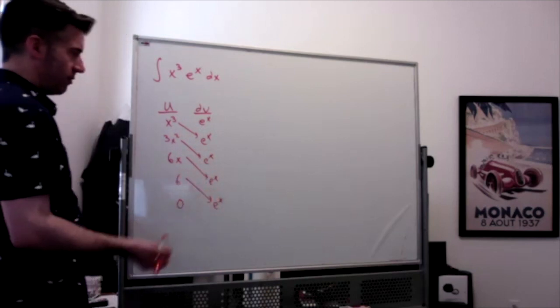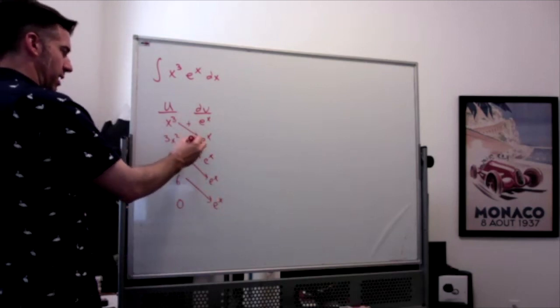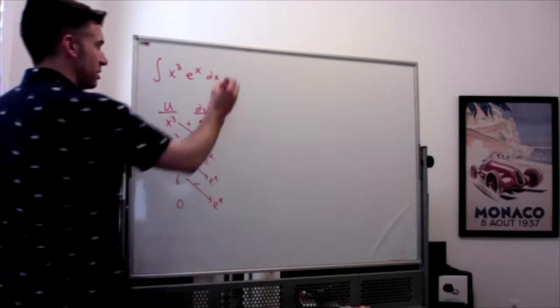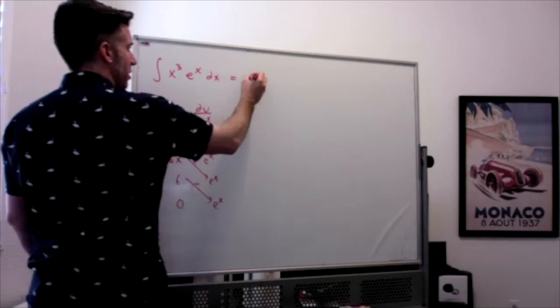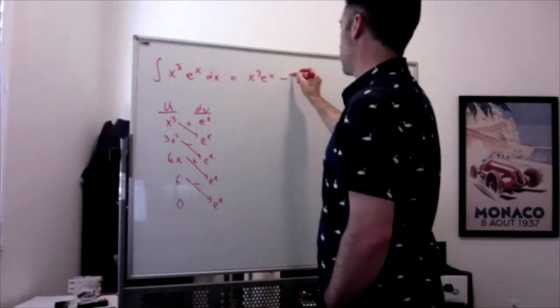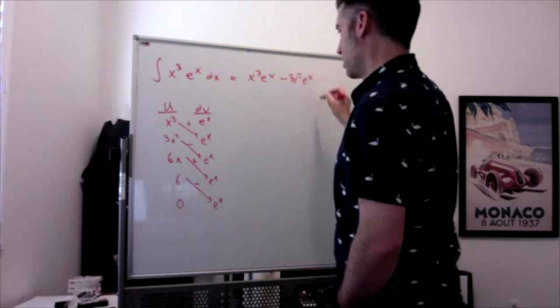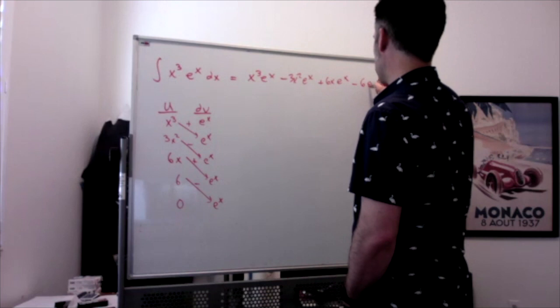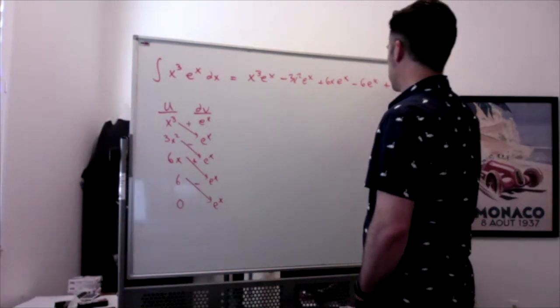And we multiply like that, and it's plus this product minus this product plus this product minus this product. So this integral is equal to x cubed e to the x minus 3x squared e to the x plus 6x e to the x minus 6 e to the x plus c.